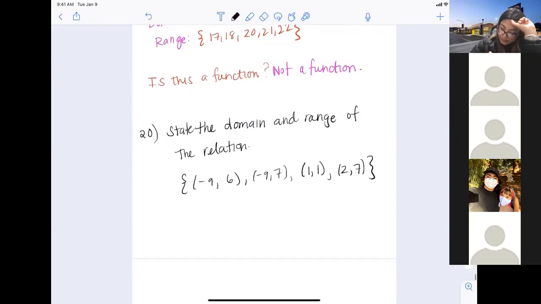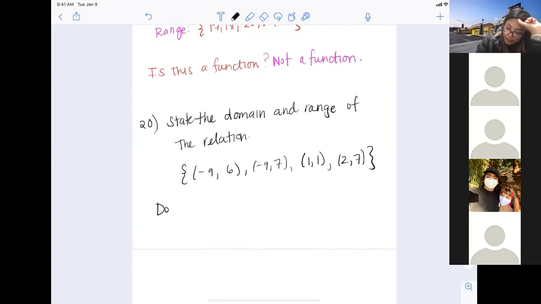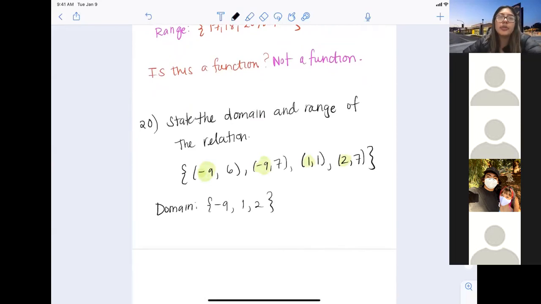Let's say I have this. The domain of a function is all of the x values. So the domain is -9, 1, 2. You don't have to rewrite -9 twice. You only write it once.